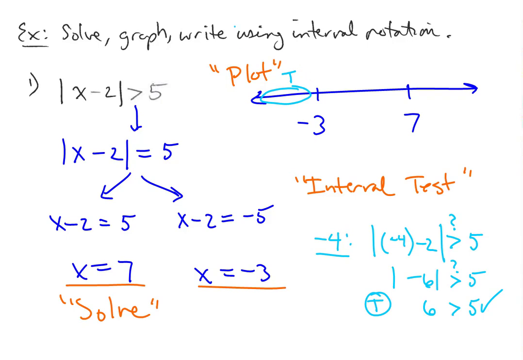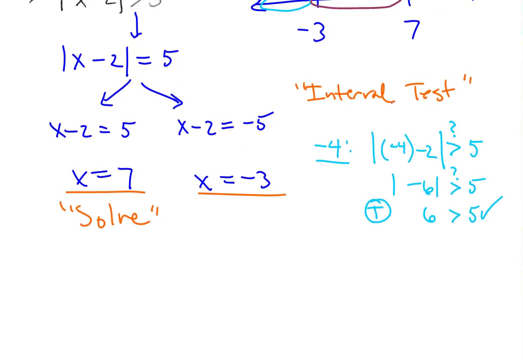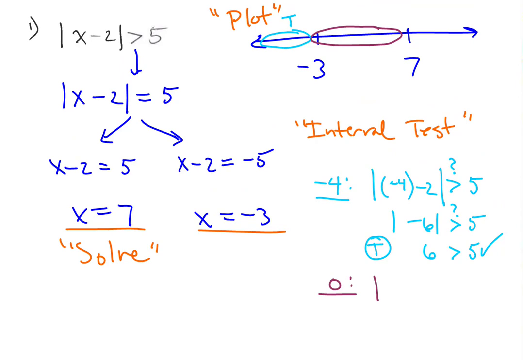But that was only one interval. So now we're going to move on to the next. I'll use a different color for the next one. In that next interval, we have to pick some value to represent it, which could be any number in between negative 3 and 7. Well, that range happens to include my favorite number, 0. So to test 0, we're going to do the exact same thing by plugging it into the original inequality for x.